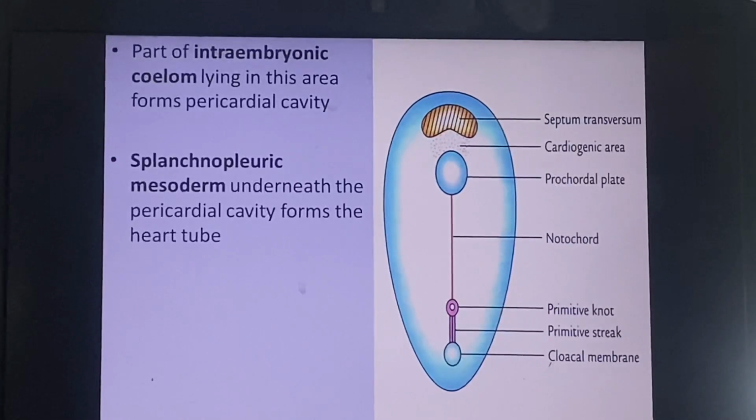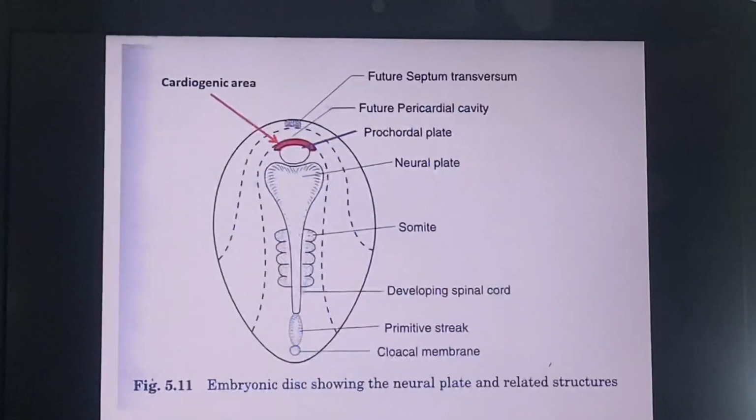The splanchnopleuric mesoderm underneath the pericardial cavity forms the heart tube. So the heart tubes develop from the splanchnopleuric mesoderm.